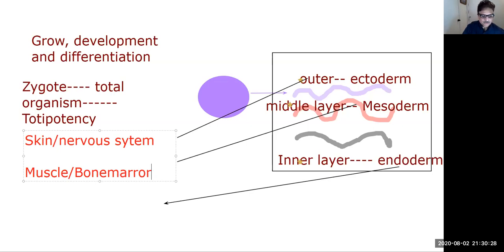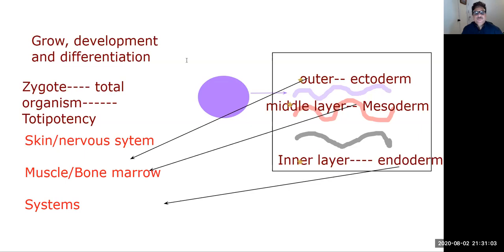Why bone marrow? Because bone marrow is very responsible for giving blood cells that we'll study soon. Next slide. And then the inner layer will give rise to all the systems like circulatory system, alimentary canal, the digestive canal, the kidney, respiratory, excretory system. So these three layers are very serious thing, right? They have different cell fate regarding what system they give rise to.